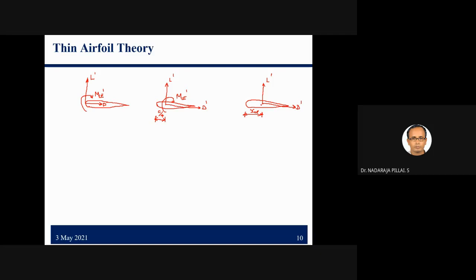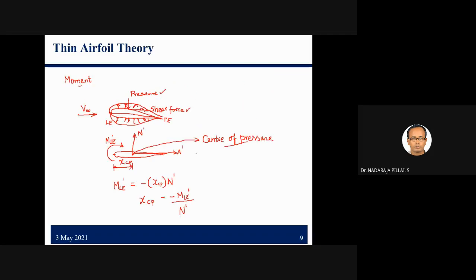If the moment were taken about the center of pressure, then the integrated effect of the distributed load should be zero. So in another way, the alternate definition for center of pressure is the point at which the aerodynamic moment is zero.